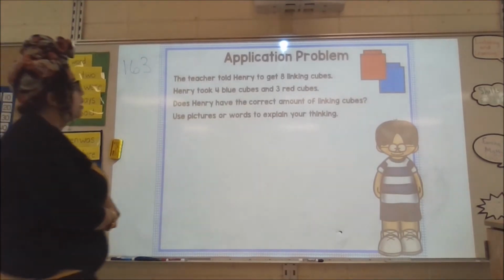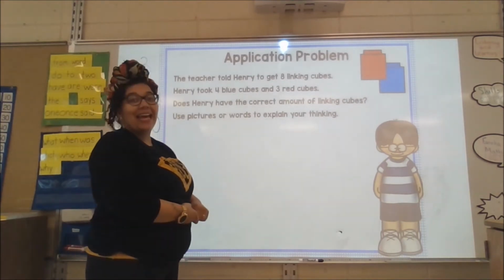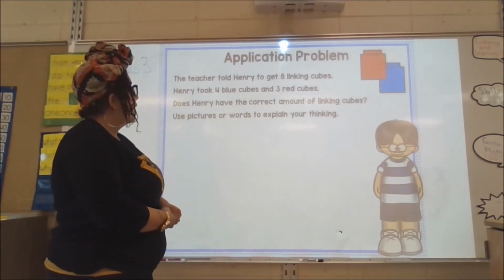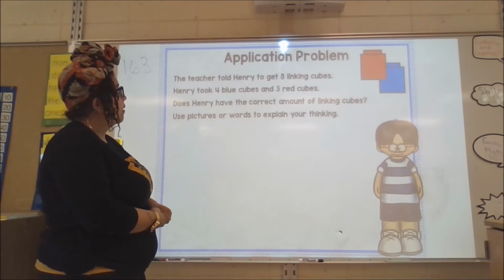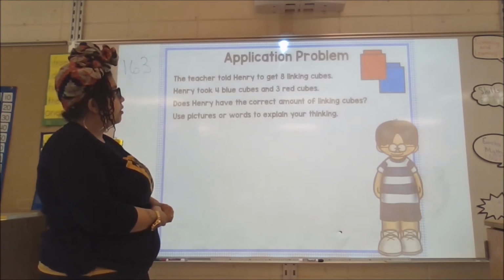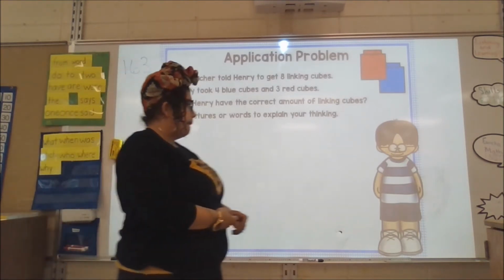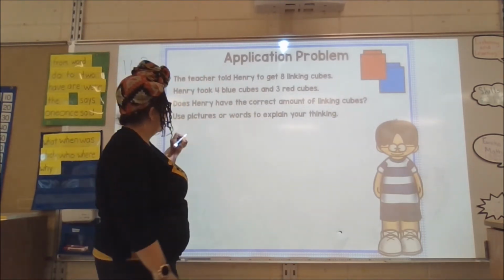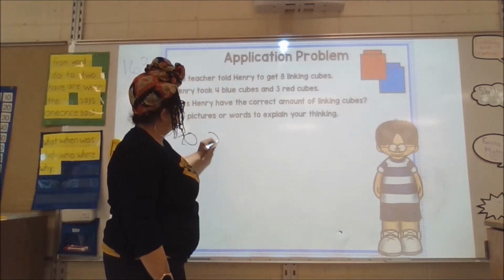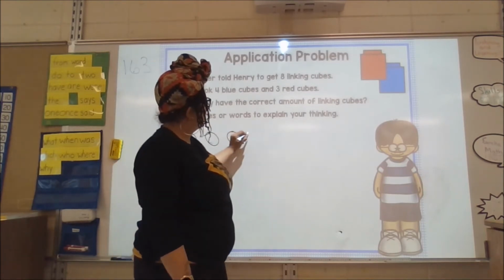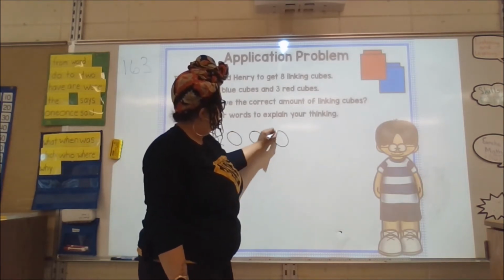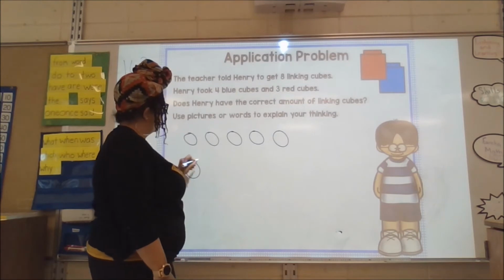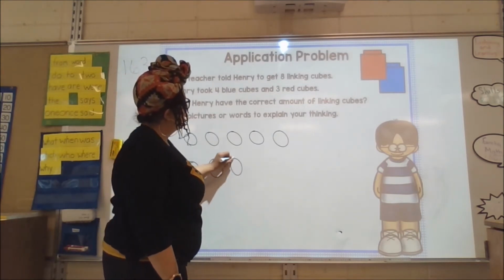All right, cool. So the teacher told Henry to get 8 Lincoln cubes. Henry took 4 blue cubes and 3 red cubes. Does Henry have the correct amount of Lincoln cubes? Let's draw a picture. We know his teacher told him to get 8. Let's draw to represent 8. 1, 2, 3, 4, 5, 6, 7, 8.